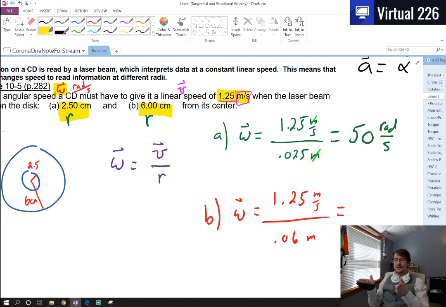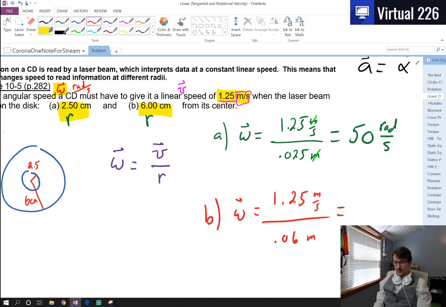We know that if a CD is rotating, the edge of the disk always wants to be moving faster than the inside. If the inside had to rotate at 50 radians per second to keep this 1.25, then at that original angular speed the outside was rotating faster. So our guess is that this rotation should slow down to read the edge of the disk.